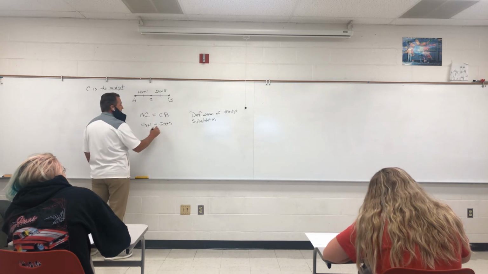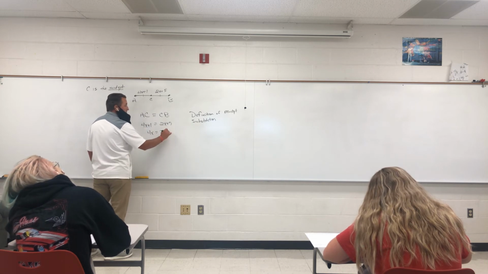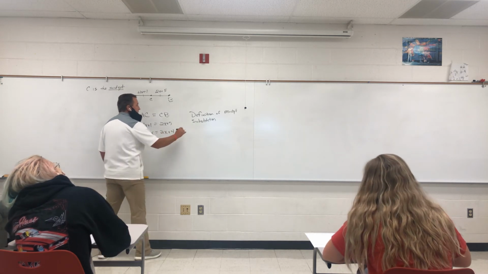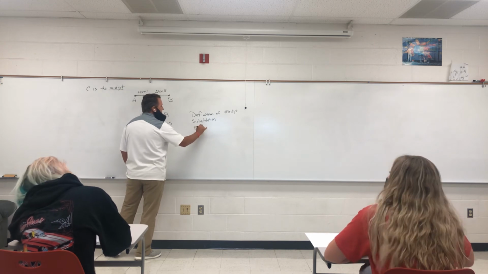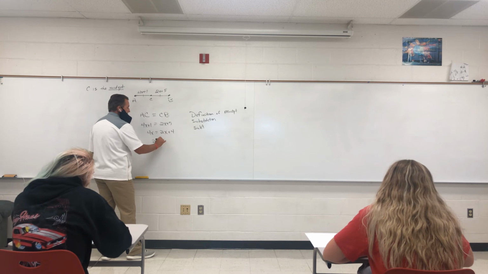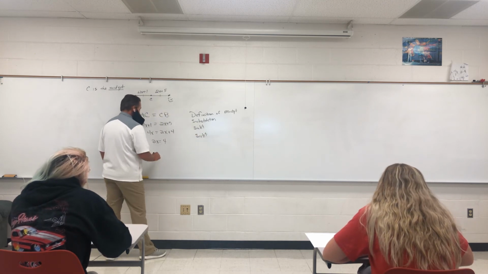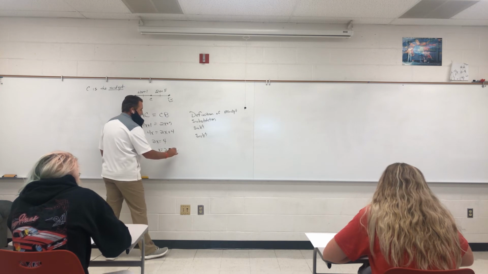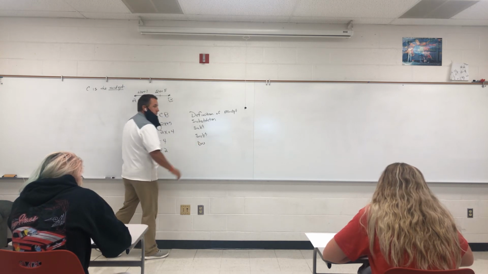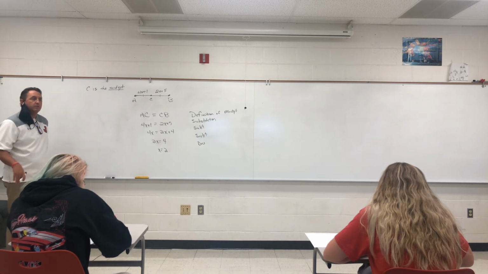If I get my numbers together, I'd have 4x equals 2x. I'm going to subtract 1, so I'm putting subtraction. I'm going to subtract 2x, and then I'm going to divide. Just like that. Okay, we're going to do that one on your paper in just a second.